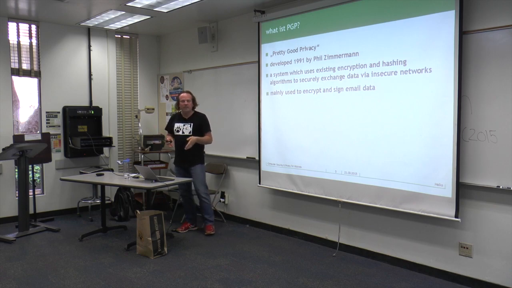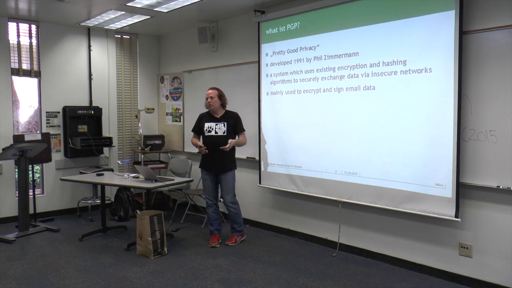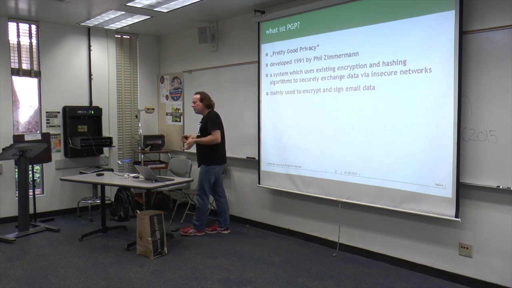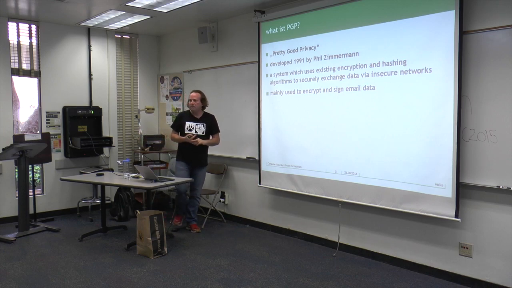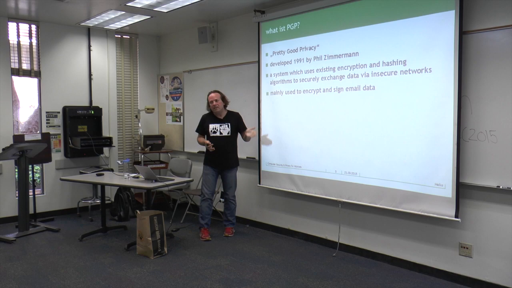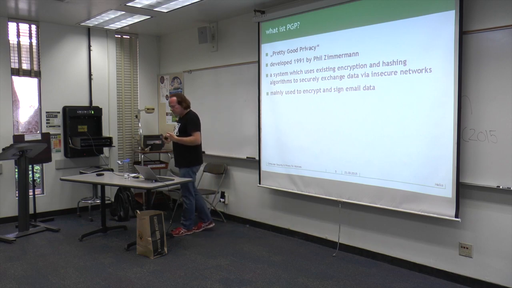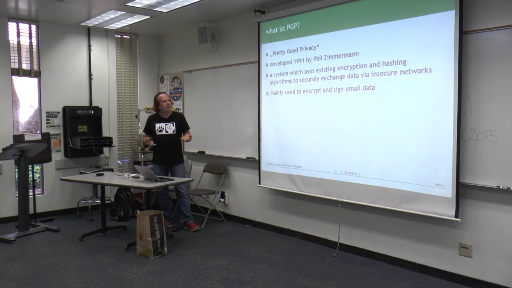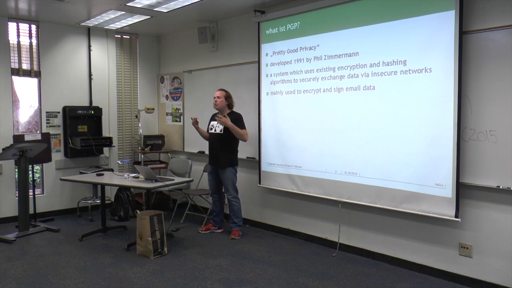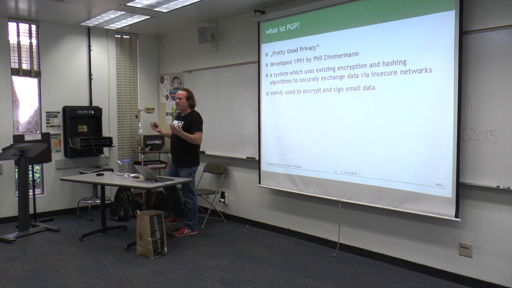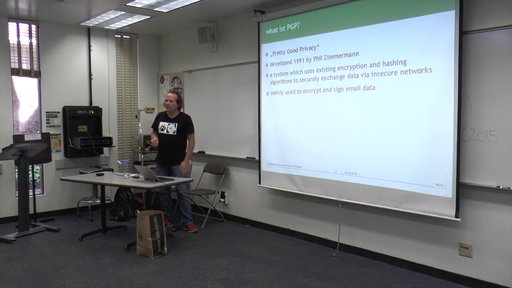He was put in jail because he was a threat to the security of the United States, because he developed a program that enabled normal people to encrypt emails. He was in jail for more than a year because this was seen as such a big threat to the security of the United States that some normal people were able to have a secret from the government.